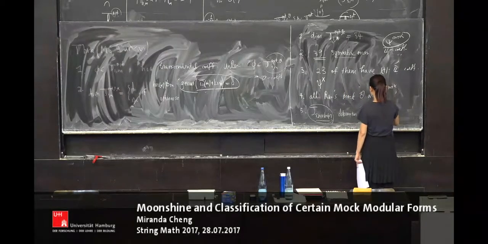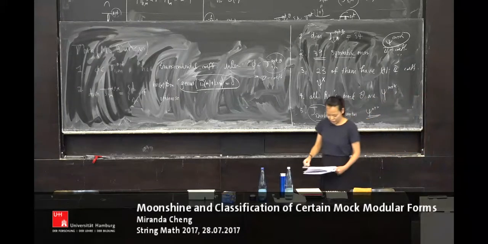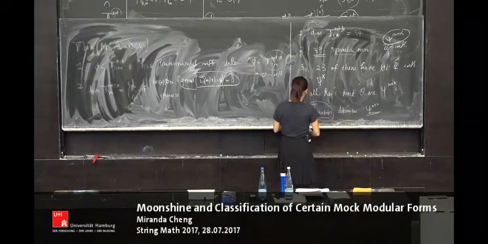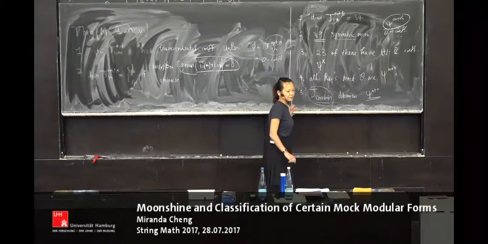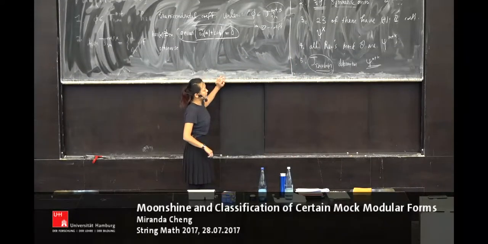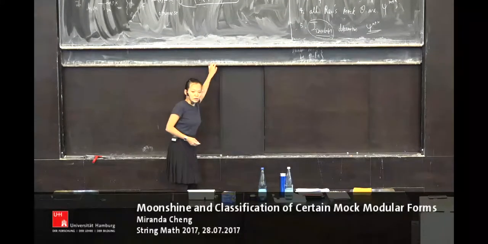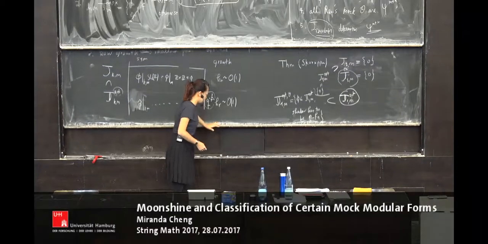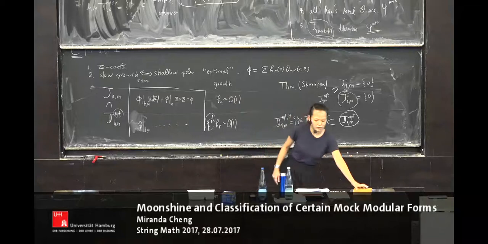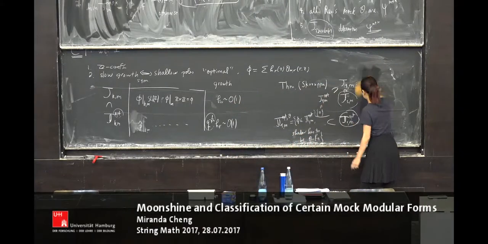You can reconstruct the mock form from the Hauptmodul in a rather tricky way, but nevertheless, there is a way. And the last remark is that it seems that many of these particularly symmetric Jacobi forms have a role in the quantum invariants of Seifert 3-manifolds. So this is something we're trying to understand better now.